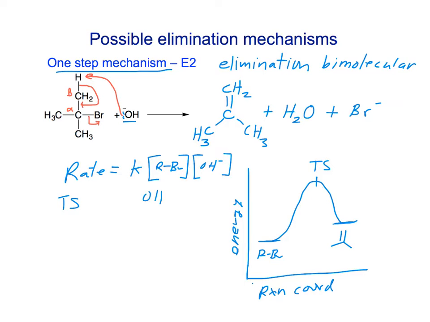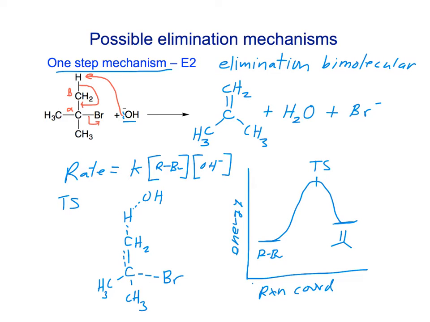So here's our OH. Let's not put that minus on there yet. It's going to be reacting with this H, so forming a partial bond, breaking the bond to the carbon, forming the double bond between the two carbons, and breaking the bond to the leaving group.